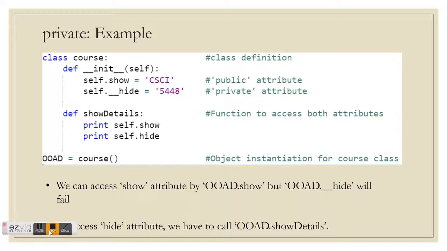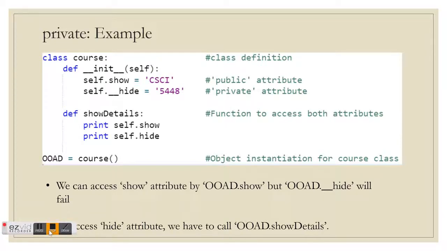Then I have instantiated the class using an OOAD object. When I try to access the show attribute using OOAD, I will get a response. But if I use OOAD dot double underscore hide, the call will fail because it's private and I can't access it directly from outside of the class.